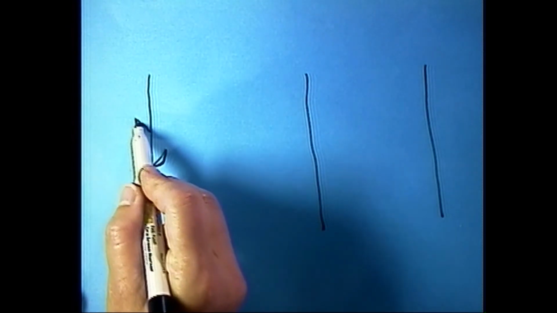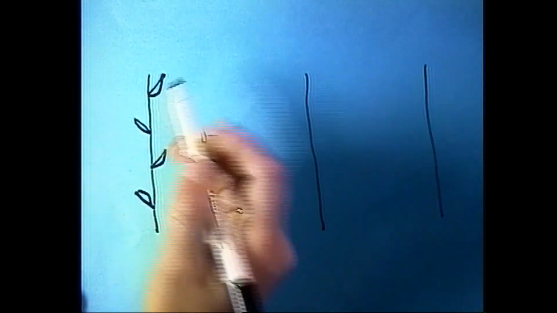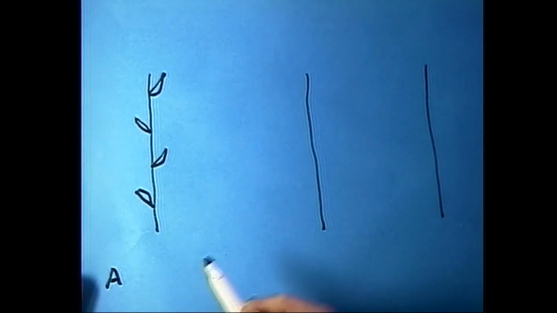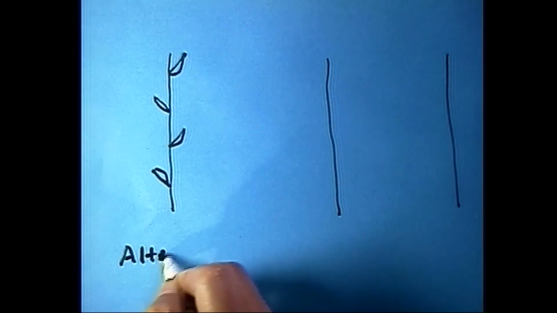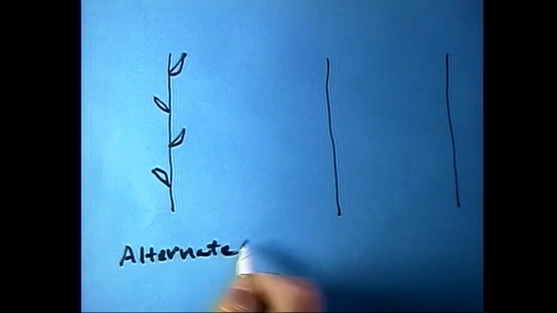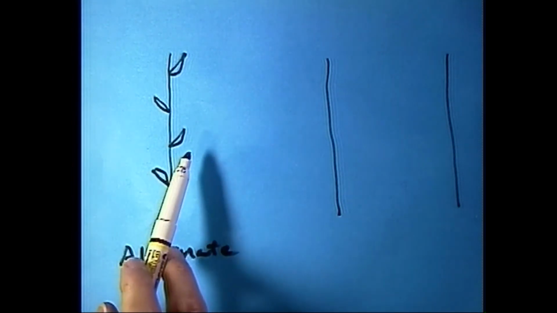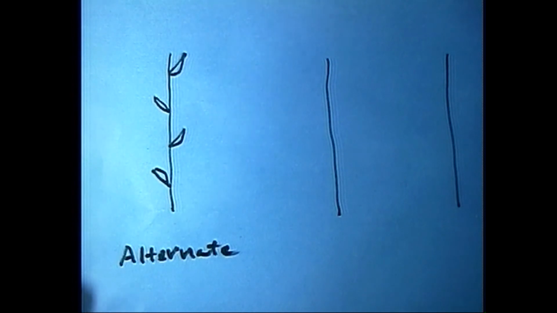Remember, a node is a place on the stem where the leaves can come off. This is called an alternate leaf arrangement. You can remember, alternate: one side, then the other side, then the other side. Generally, an alternate leaf arrangement is the result when you have only one leaf per node.